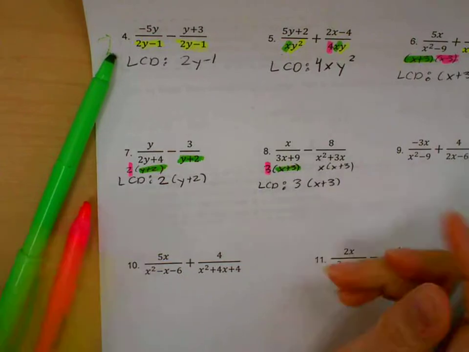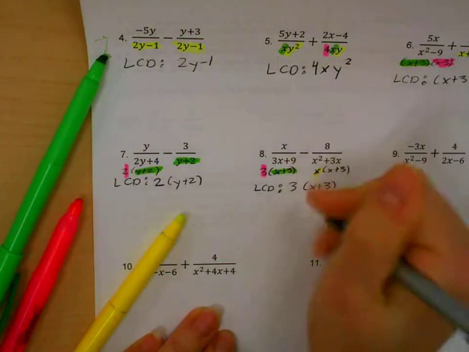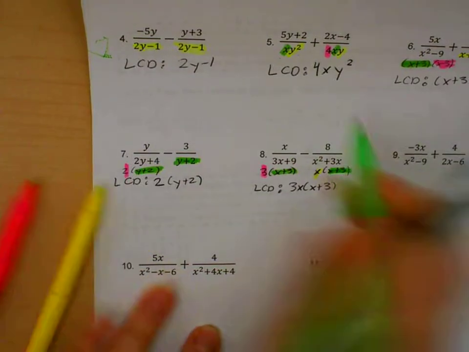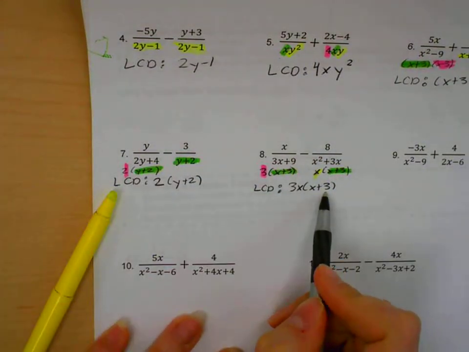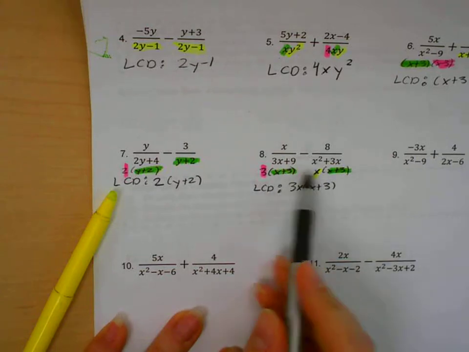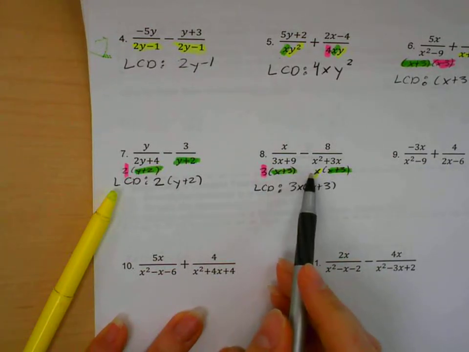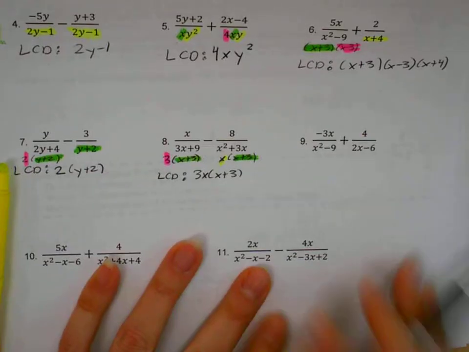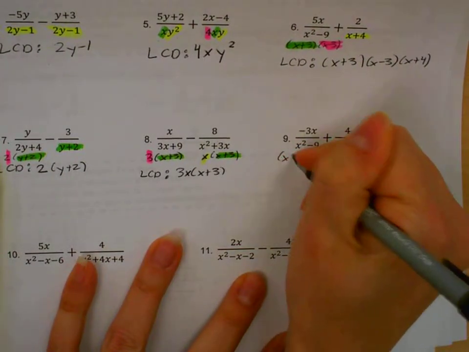Over here I have an x. Definitely want that. But then I get back over here and look, it's the same again. I don't need to include it again. I've already included it. So my least common denominator is made up of everything, but no repeats. I don't want to repeat something I've already done. So let's look at number 9. Again, I'm going to factor this first.